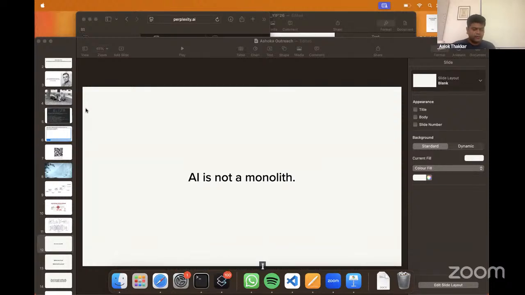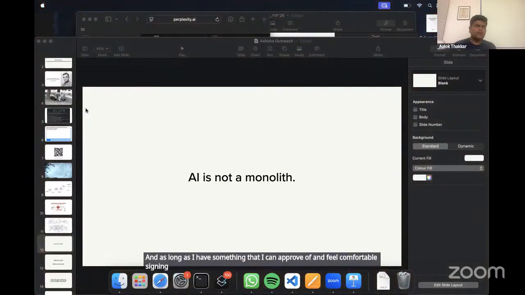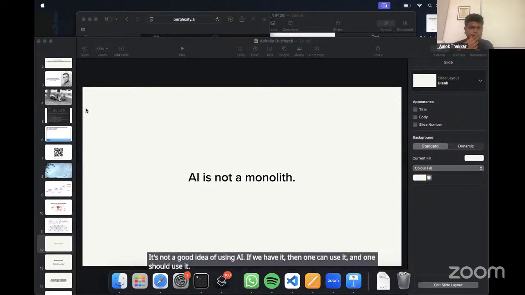I serve as a human judge of what goes through. And as long as I have something that I can approve of and feel comfortable signing on, I use AI. There are many places where I don't know what the impact would be, and there is no clear metric of whether it's good enough or not. So if I don't have that good enough test and criteria, it's not a good idea of using AI. If we have it, then one can use it and one should use it.